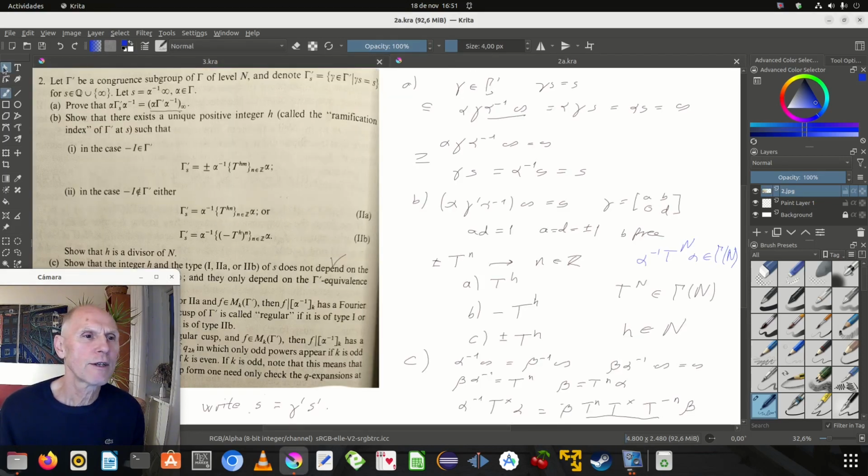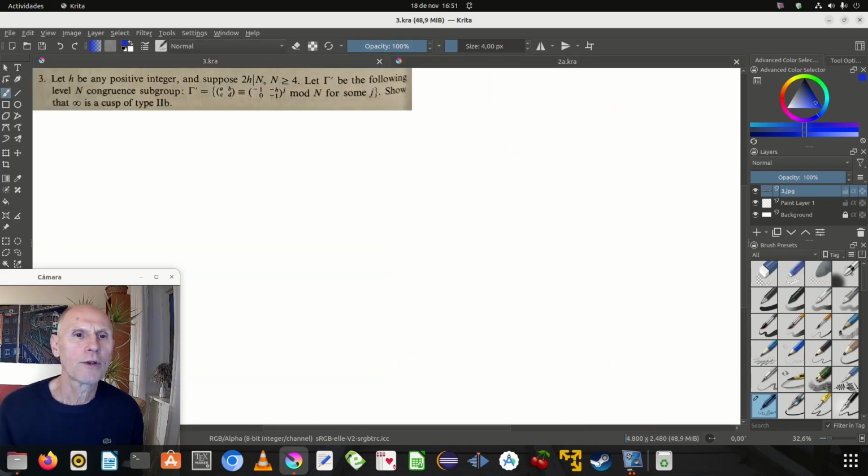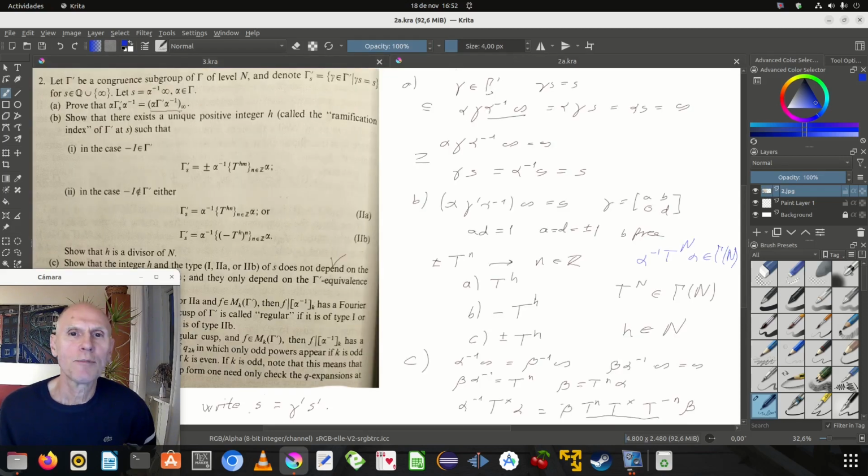First we need to find alpha, but mapping infinity to infinity, that's done by the identity matrix, so alpha can be disregarded totally.